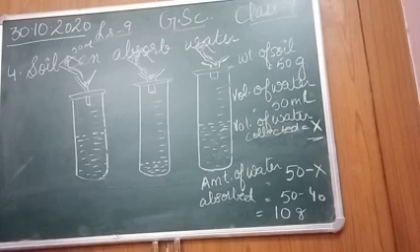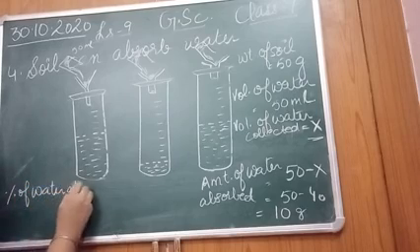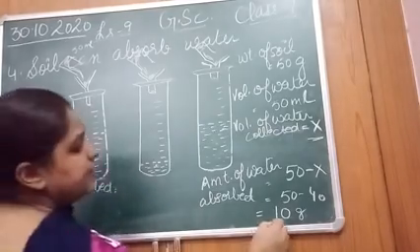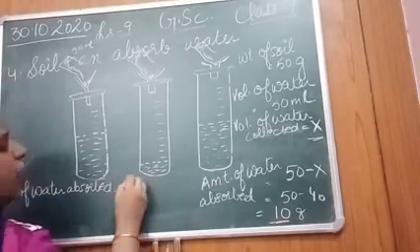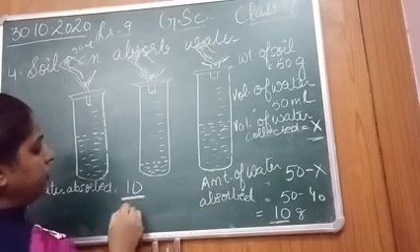Now how to find the percentage? Percentage of water absorbed. You all know. Here you have to apply maths. This is the amount of water absorbed, 10 out of the total amount 50.